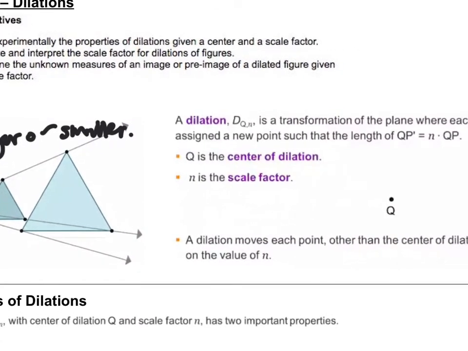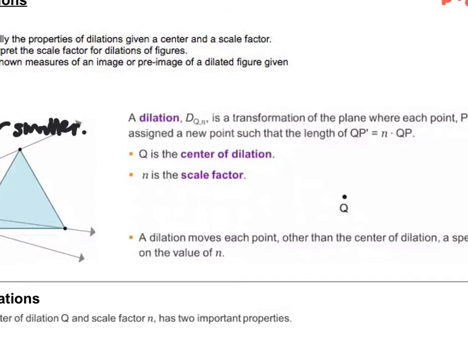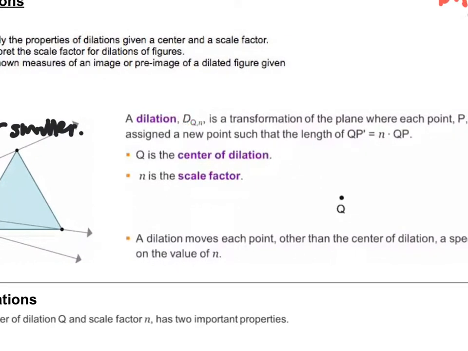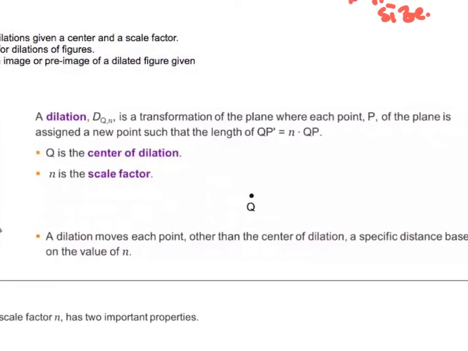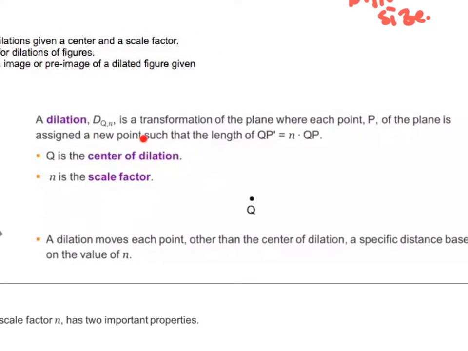A dilation about point Q of a scale factor of n is a transformation of the plane where each point P of the plane is assigned a new point such that the length of QP prime is equal to n times QP. Q is the center of the dilation, and n is the scale factor.